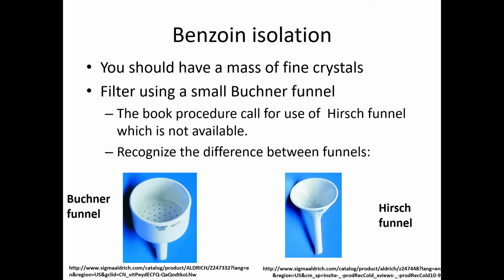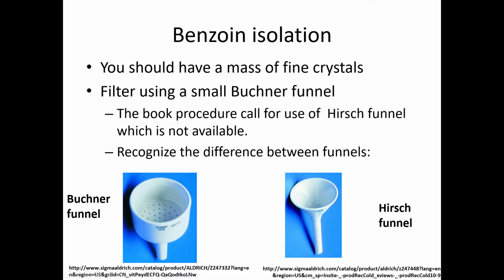The next time you would come in to collect your product, they should form these very fine crystals. And in order to collect them, we would use a Buchner funnel. So in the lab manual, it calls for the use of a Hirsch funnel, but it's important for you to recognize the difference.